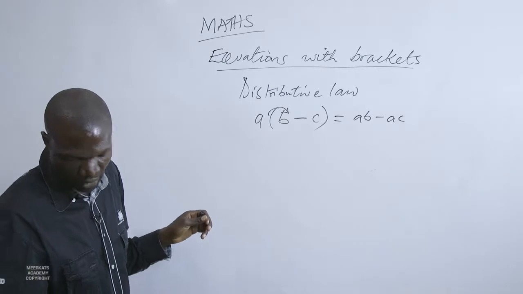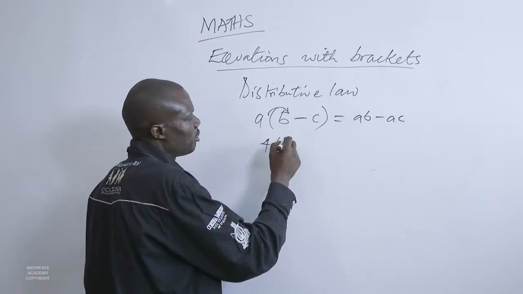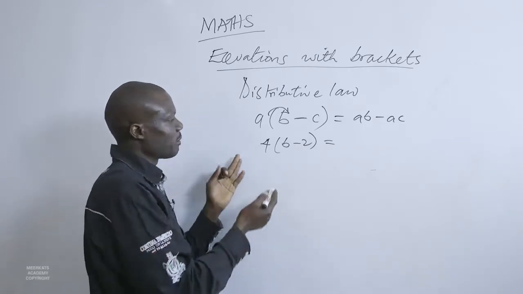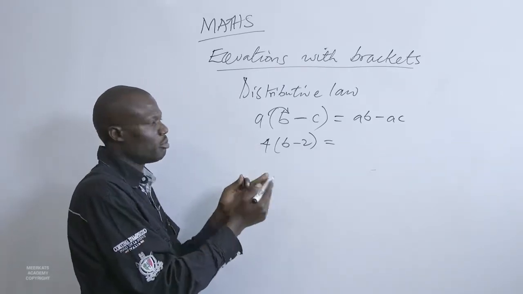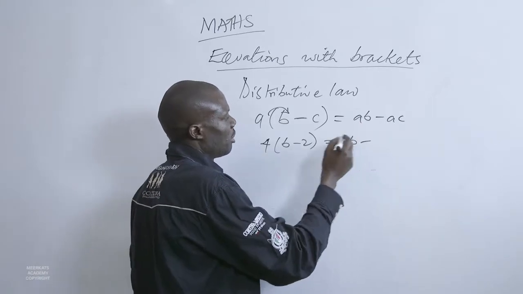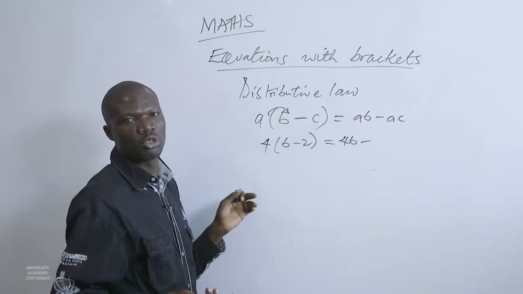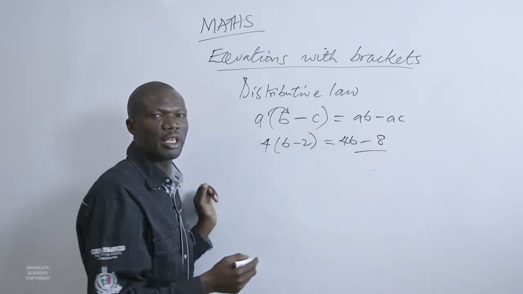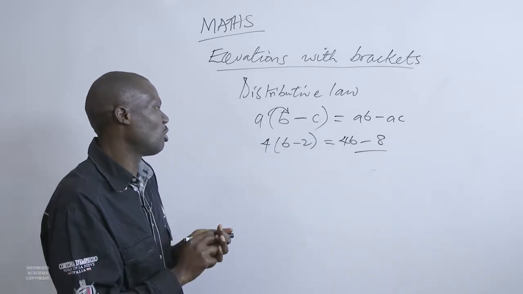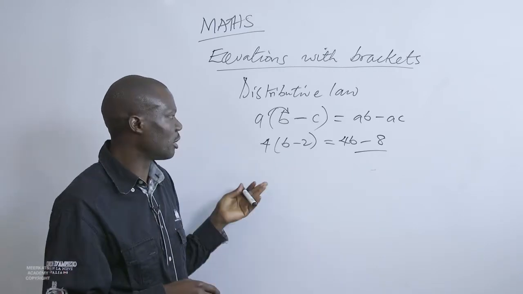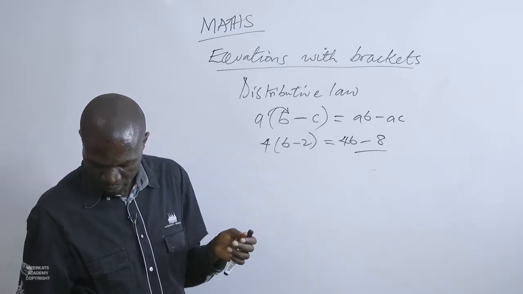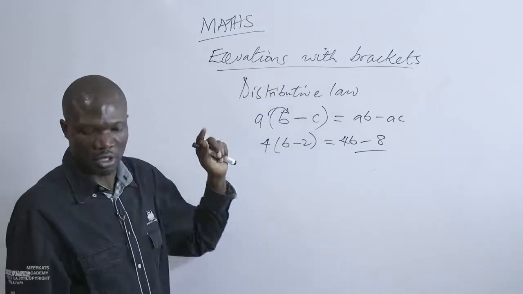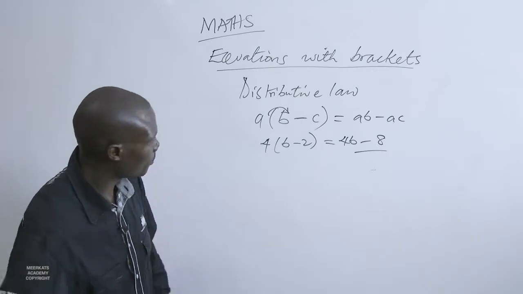Taking an example here, if we have 4 into B minus 2, the expanded form of this will be 4 times B, which is 4B, and then 4 times minus 2 is minus 8. So this one is the expanded form of this particular question. So for us to work out the questions in brackets, we must know the distributive law.